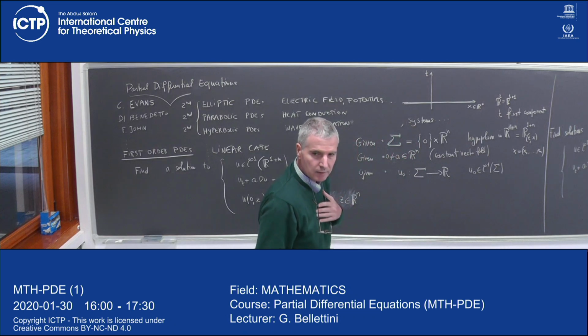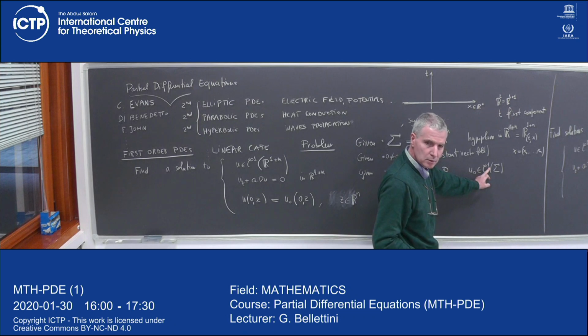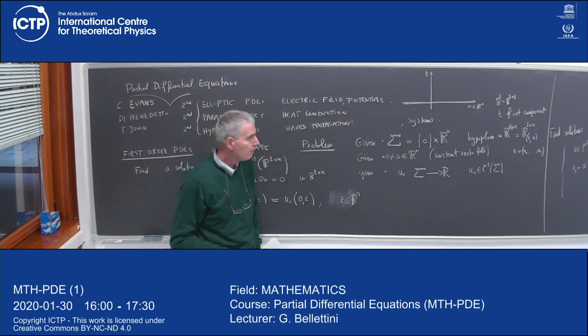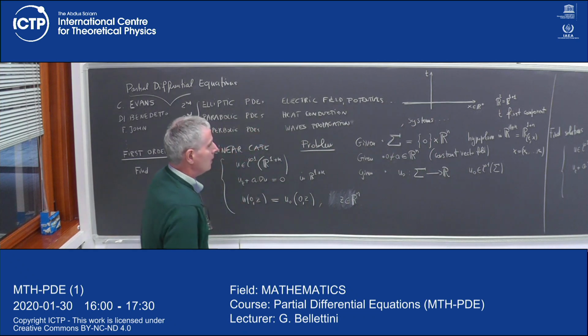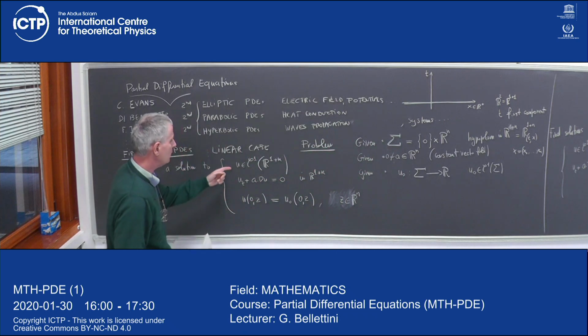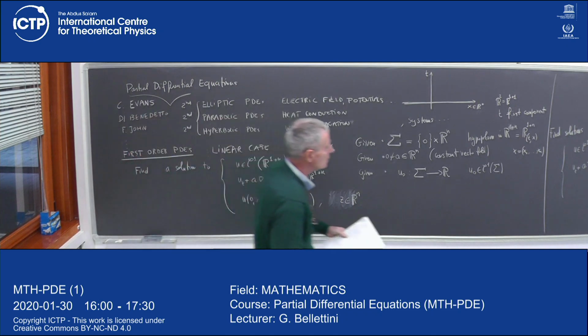The only requirement for me is that this u0 is sufficiently smooth, C1 say, for the moment. Given these three objects, I ask whether or not we can find a solution with the following properties: C1 in time space, so this is time space.